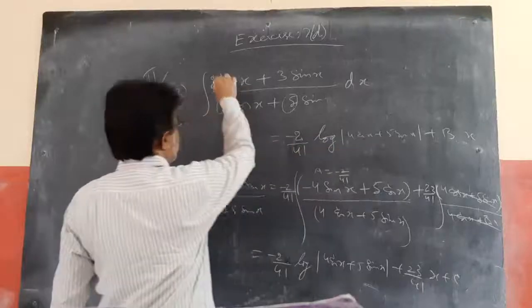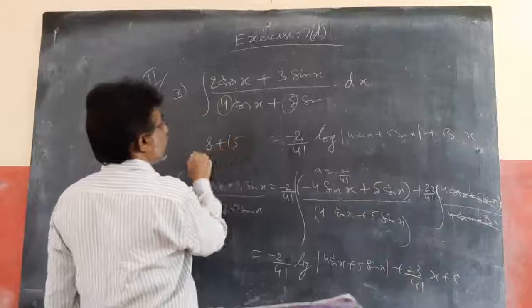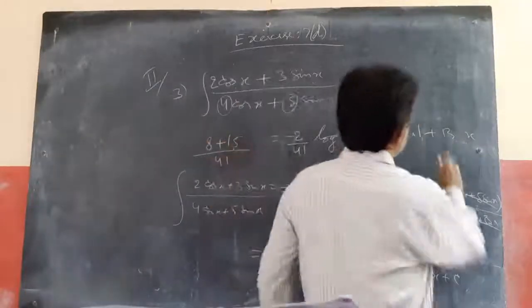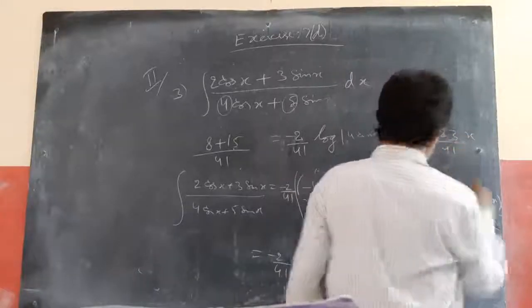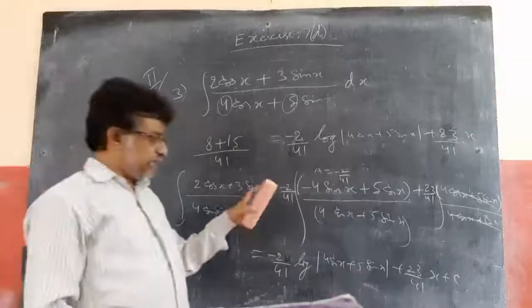For finding the b value, this into this, 4 into 2 is 8, plus this into this, 3 into 5 is 15, by the same denominator 41. So 15 plus 8 is 23, so 23 by 41. Same answer, we can write it in one step. But this is for 7 marks, so we should do the full steps.